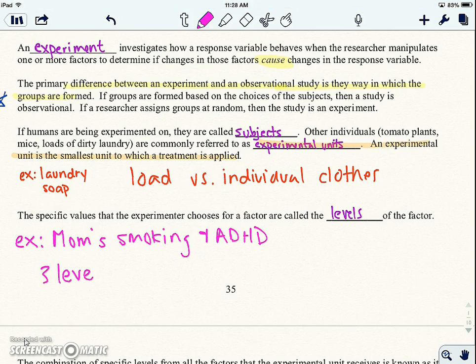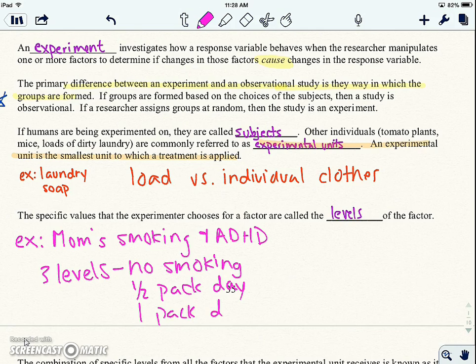Not just do you smoke or not, but we could have no smoking, okay, a half a pack a day, maybe a pack a day, to see not only if smoking affects it, but how much you smoke affects it. Okay, so those are levels.